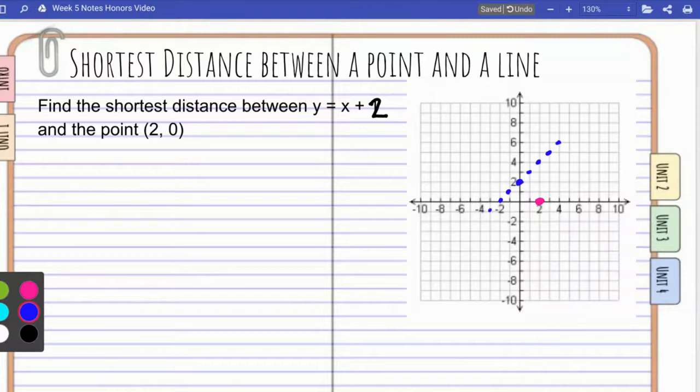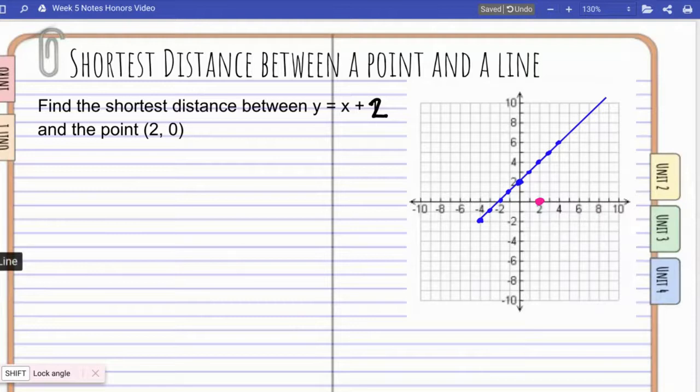The same thing, I can go down 1 to the left 1. Let's draw a line that goes through these points. It looks something like this, obviously with arrows on the ends because it's a line.